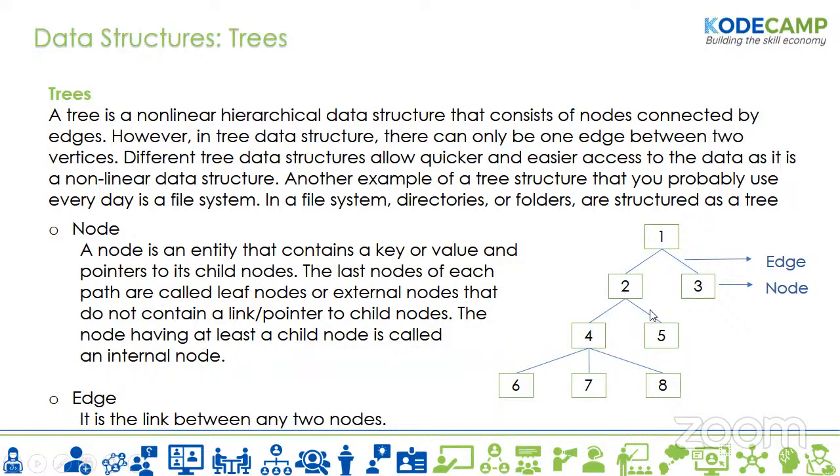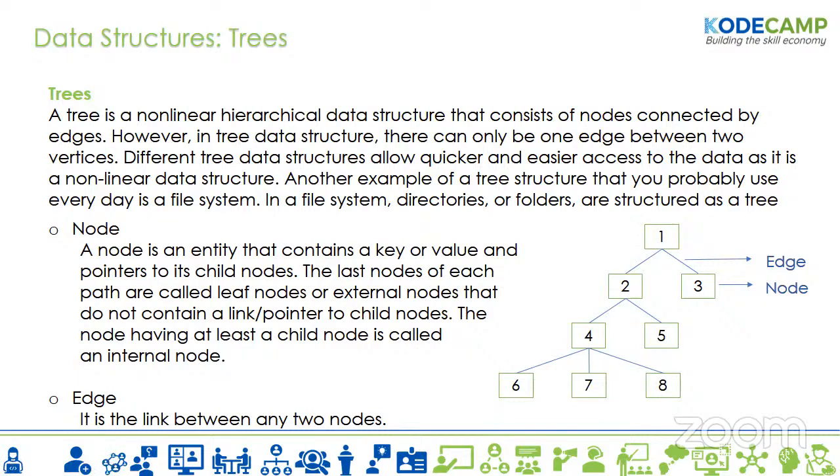But when we're talking about trees, there can only be one edge for every two nodes, so you don't have something going from here to here. There's no link. So that's a tree structure.